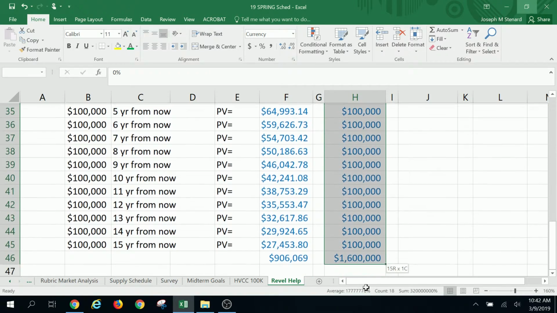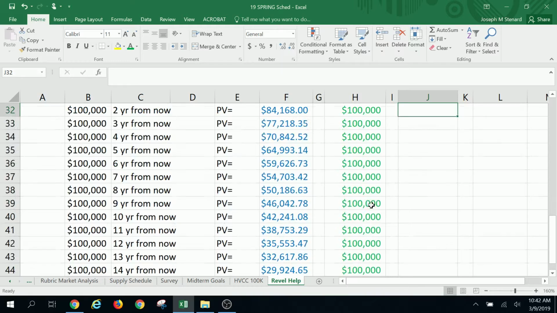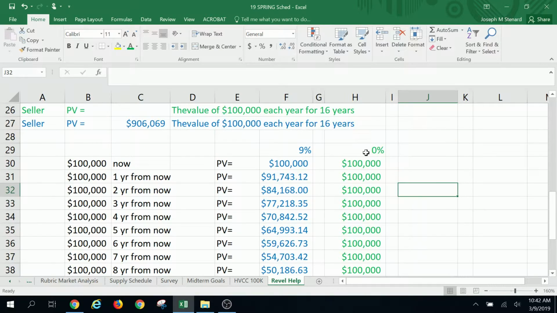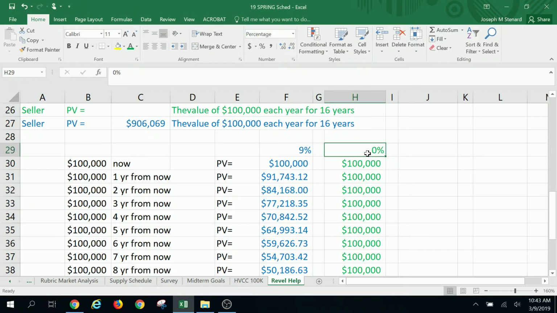Here, I should make that green so it makes clear who we're talking about. The buyer thinks that if they used a 0% discount rate, it's worth $1.6 million. It makes perfect sense to pay $1 million for $1.6 million. But they're probably not using a 0% interest rate. What interest rate do you think they are using?